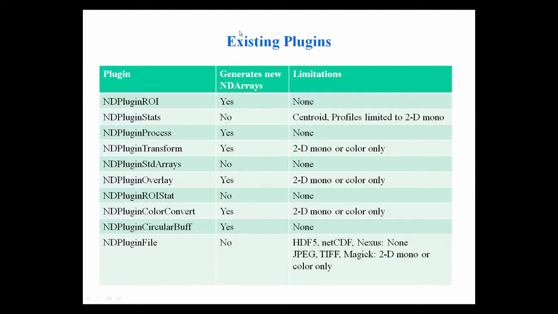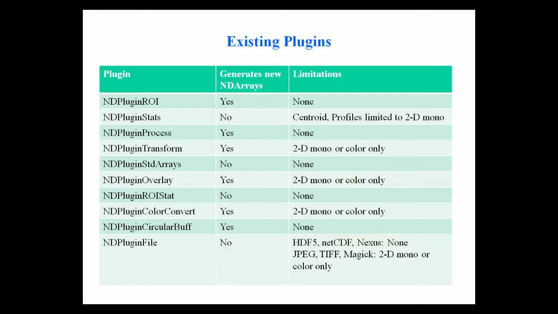First, there's the region of interest plugin. These are in no particular order here. The region of interest plugin does generate new arrays. It generates arrays that are subsets of the input data, possibly transformed in their order and binning, the order of the array in a particular dimension, and the data type.